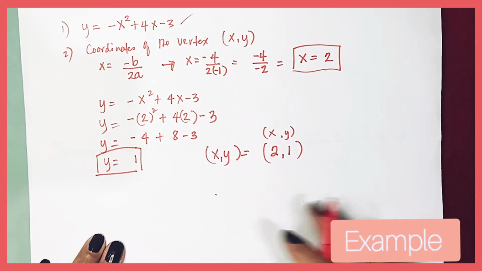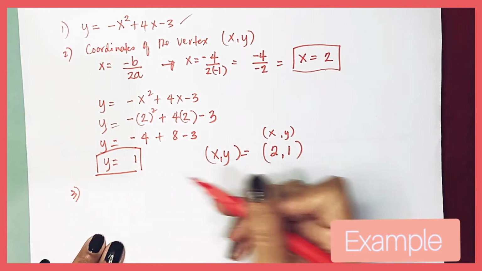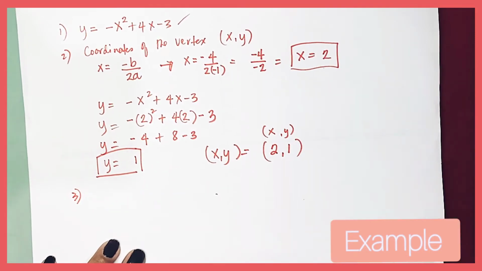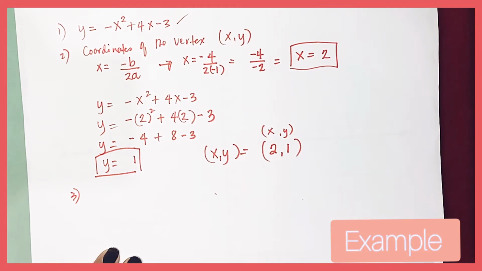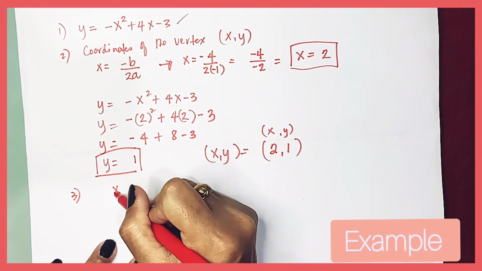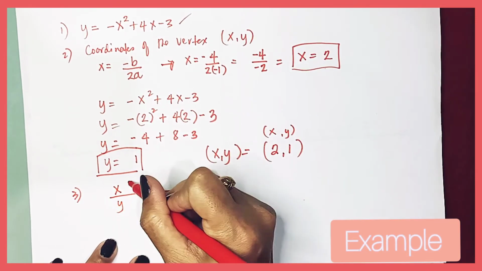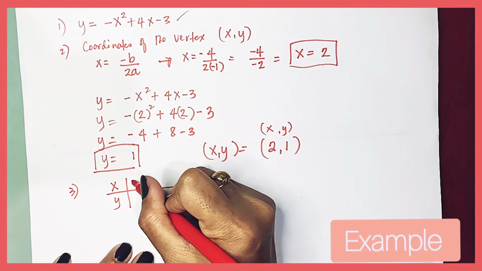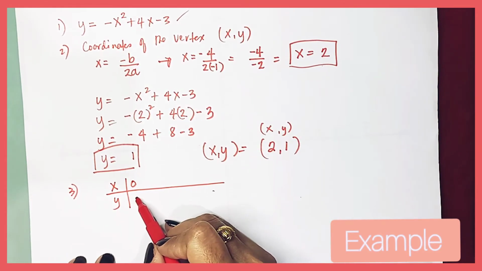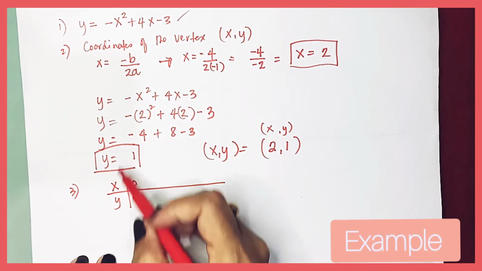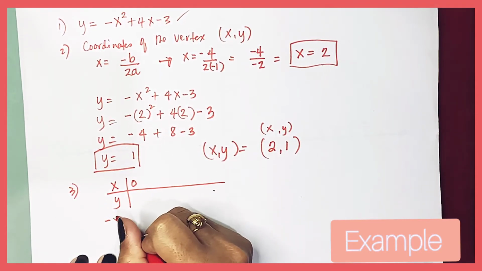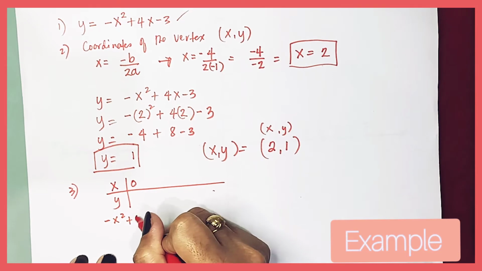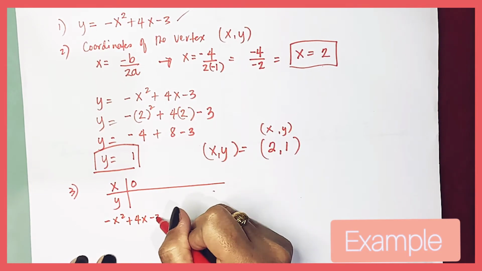Step number 3, construct the table of values. In constructing the table of values, we simply assign values of x to find the value of y. Let's start with, if x is 0, what should be the value of y? We simply use the given equation, negative x squared plus 4x minus 3.